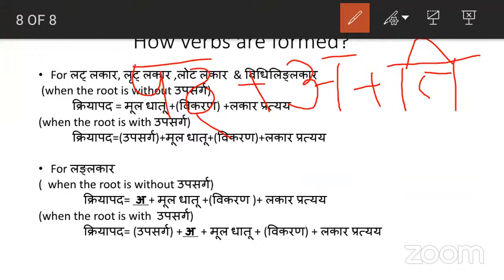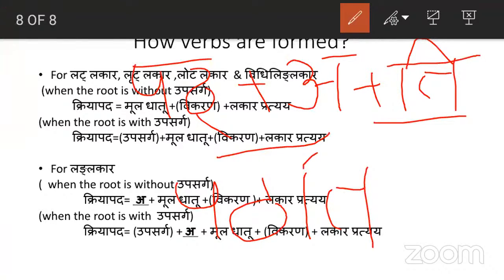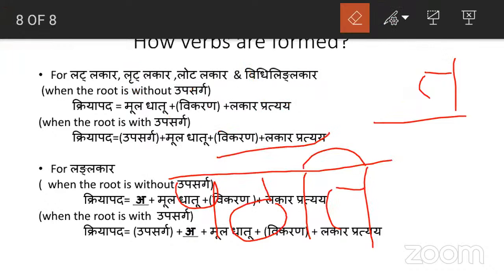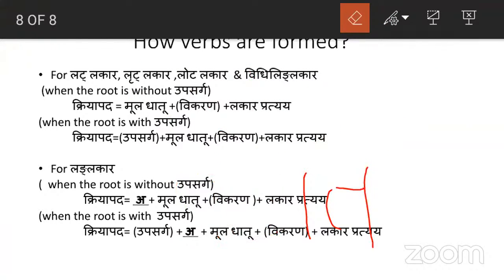It makes form patha tha halanta plus a, means a complete. Pa tha, and again we have to add this t. So kriyapad will be pathati. So this is for when the dhatu is without upasarga.